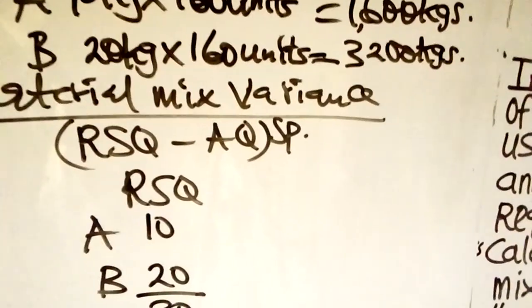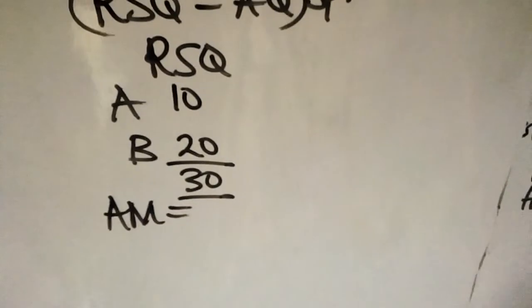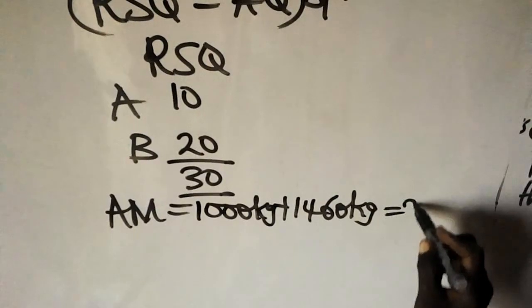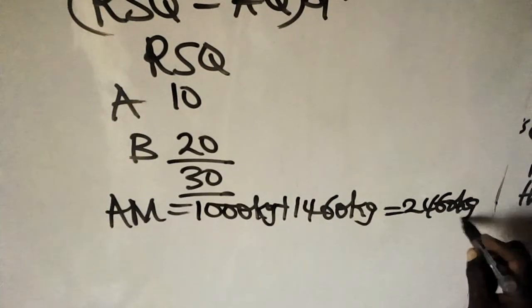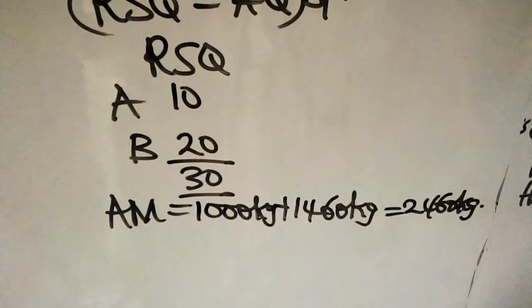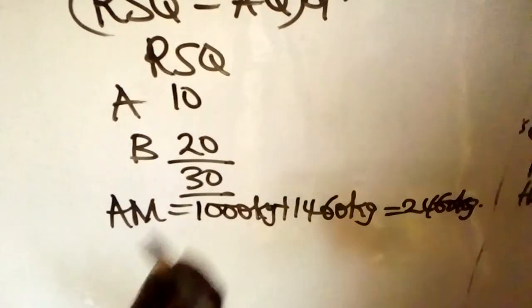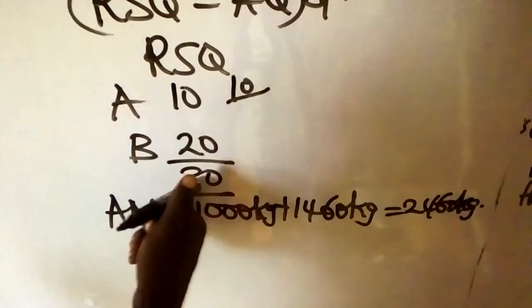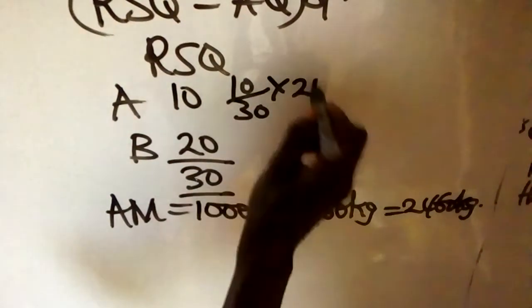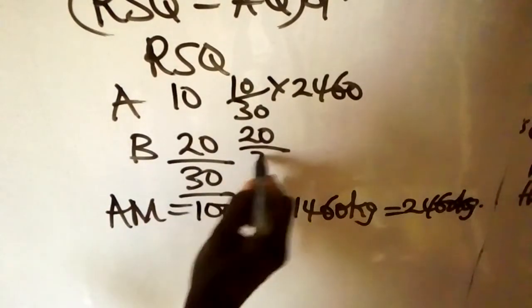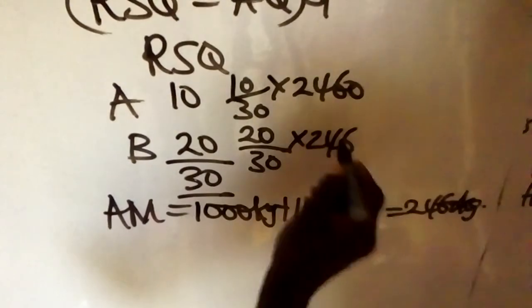So to get the actual mix, you sum it up: 1,000 kg plus 1,460 kg gives 2,460 kgs. You now apportion this actual mix using the standard quantity. So we have 10 out of 30 times 2,460, and 20 out of 30 times 2,460.